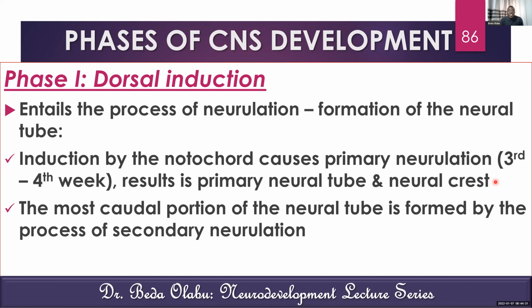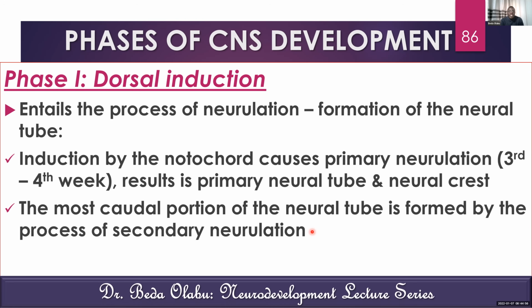But primary neurulation does not take care of the whole neurotube. We are aware from that lecture that the most caudal part of the neurotube is not formed from primary neurulation, but is formed from the secondary neurulation process. Secondary neurulation is neurulation by mesenchymal condensation and then cavitation.